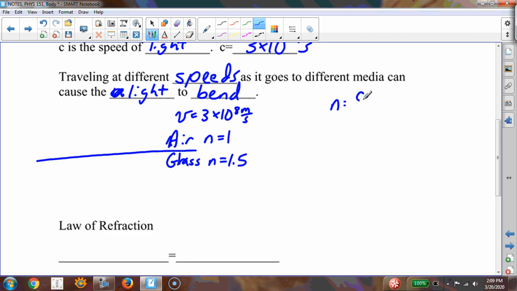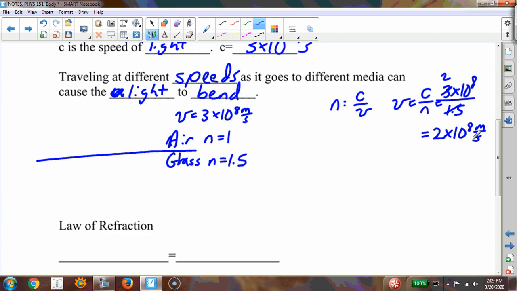N is equal to c divided by v. So v is equal to c divided by n, or 3 times 10 to the 8th, the speed of light, divided by 1.5. 3 divided by 1.5 is equal to 2, so that's 2 times 10 to the 8th meters per second. Make sure that you can do that sort of calculation for the test.